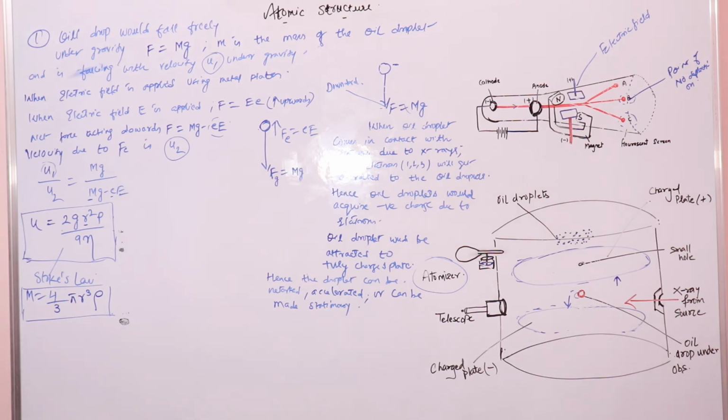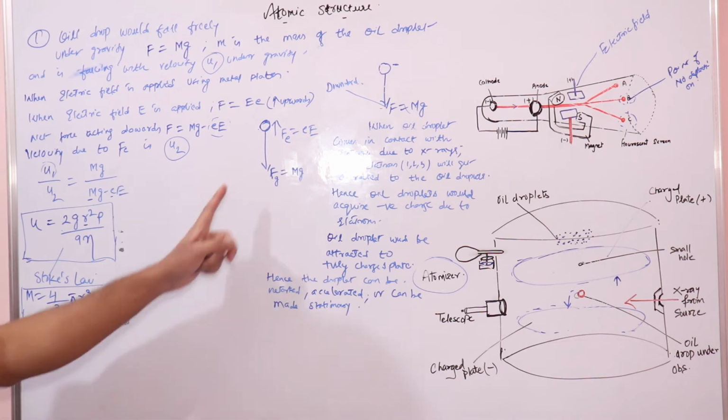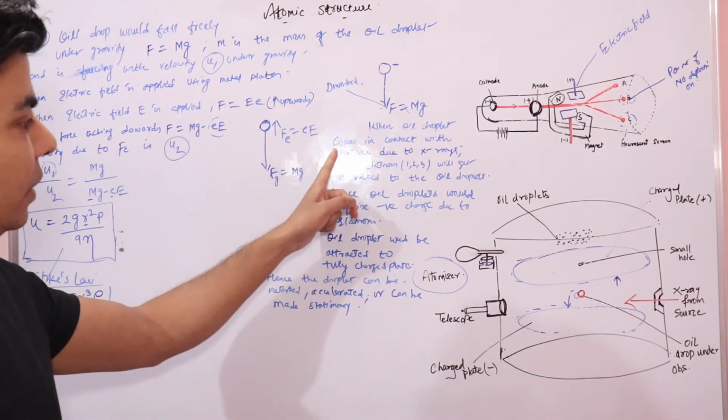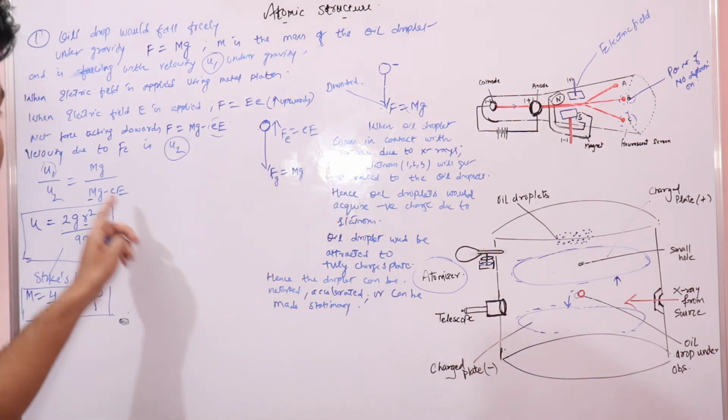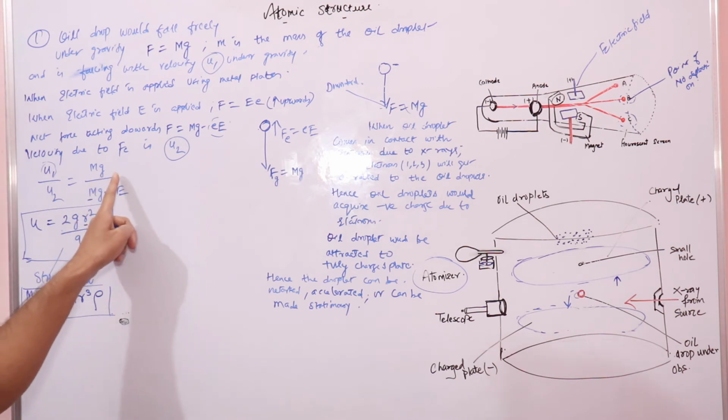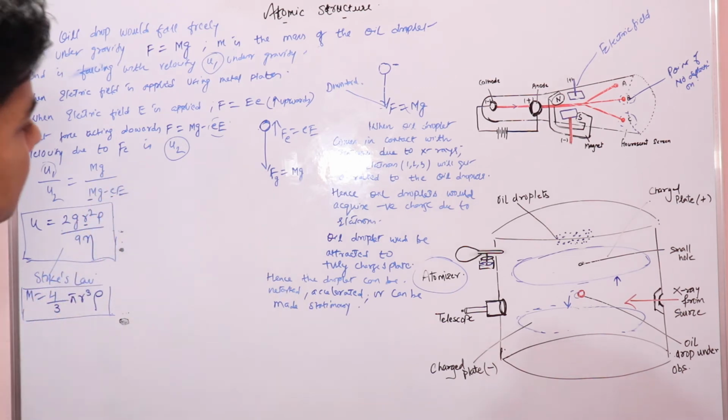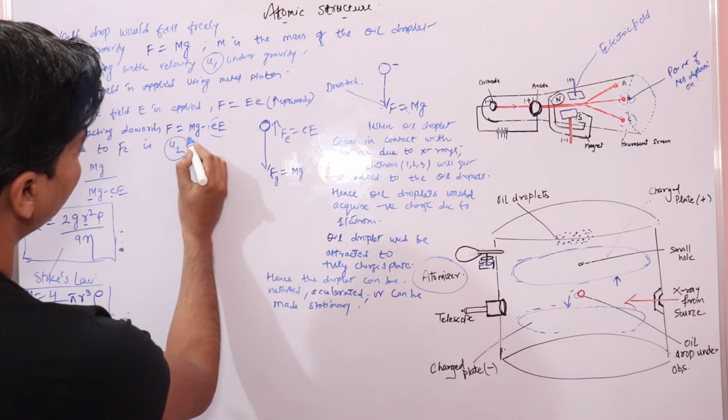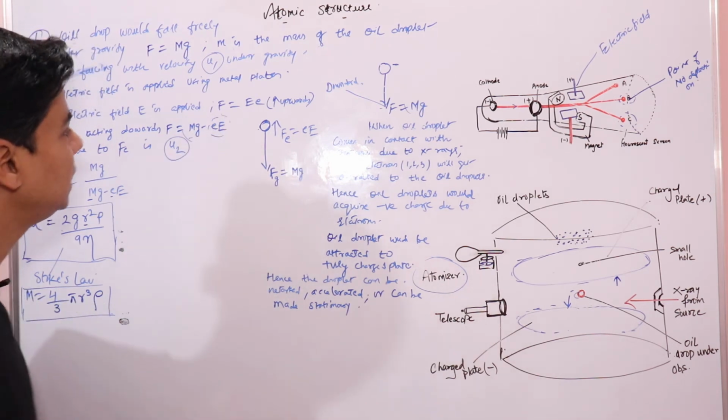Charged droplets move under gravity and acquire constant velocity u1 when the force of gravity is balanced by air resistance. The net force on the droplet due to the electric field would be mg minus Ee.